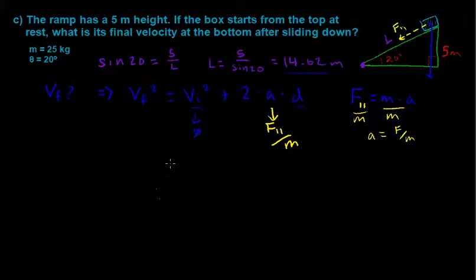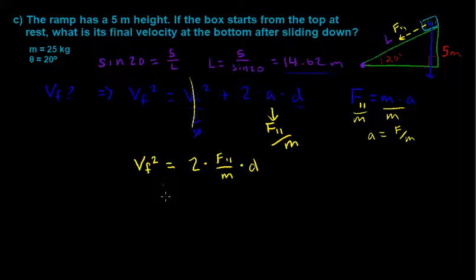And our new equation now looks like our final velocity squared is equal to, this value is just 0, so we're just going to ignore that, 2 times our parallel force divided by mass times our distance. And all we have to do at this point is just plug in the variables that we know, which is all 3 of these, and we can solve for our final velocity.